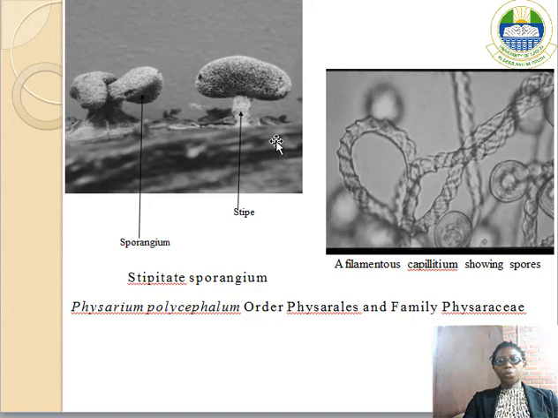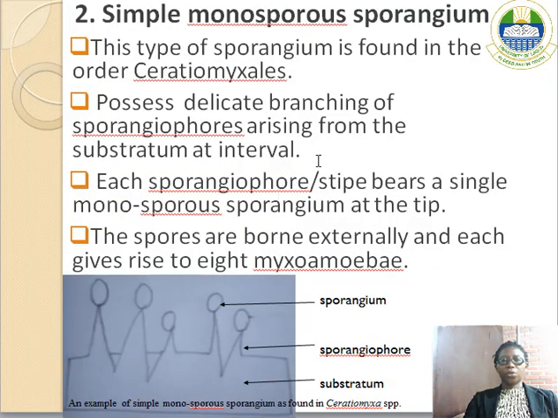Some species of the fungi that produce this type of sporangium usually have a special filament called the capillitium, which protects the spores from adverse environmental conditions.